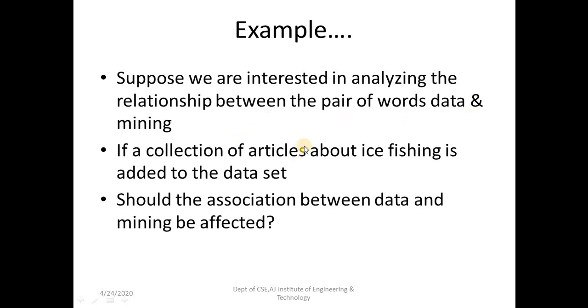Now I add a collection of articles about ice fishing to that data set. Should the association between data and mining be affected? What do you say? Will the association between the pair of words data and mining be affected by adding articles about ice fishing? No, right?